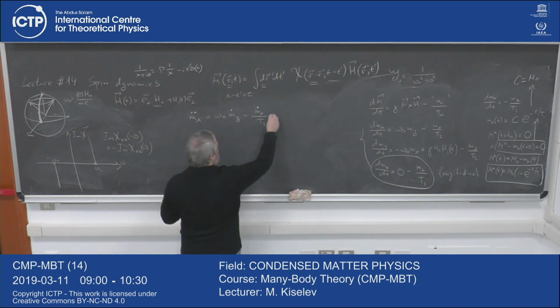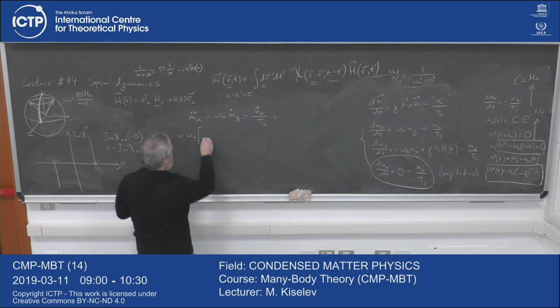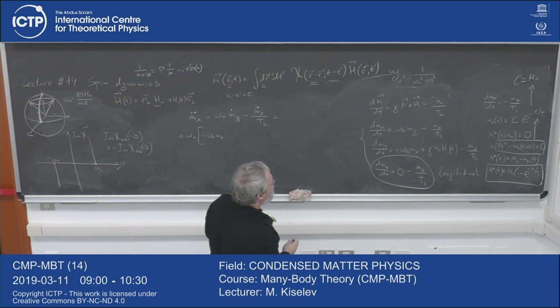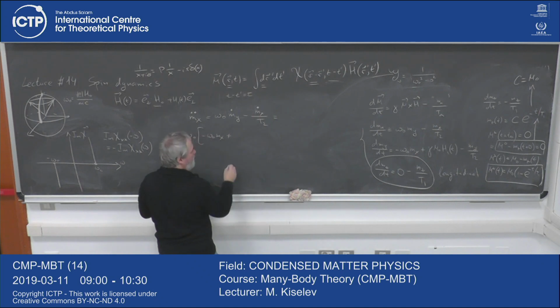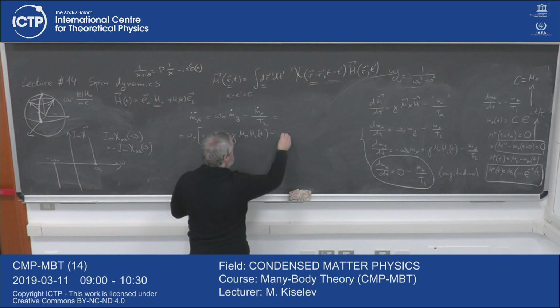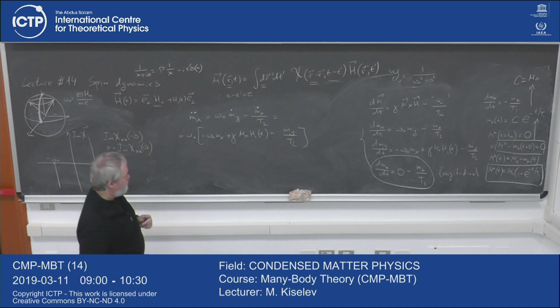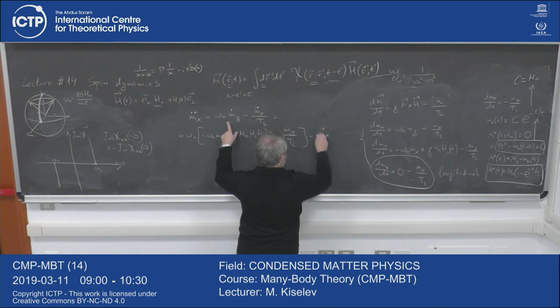From the second equation, I write that my dot is omega naught times minus omega naught mx plus gamma m naught h1(t) minus my over T2, minus mx dot over T2.